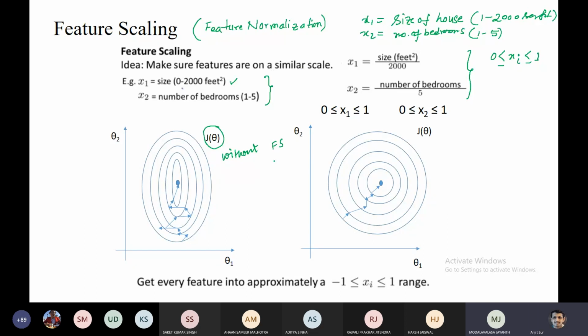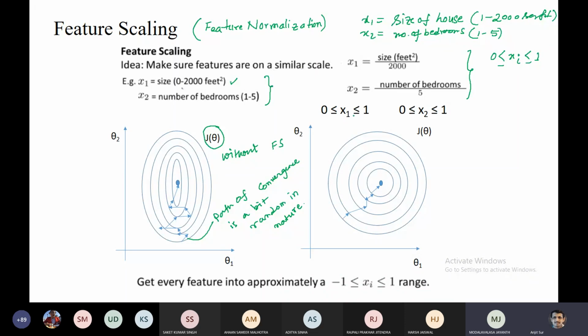Then you can see the path of convergence is a bit random in nature. This path is quite random. You can say it is a zigzag, where the zigzag is very high.